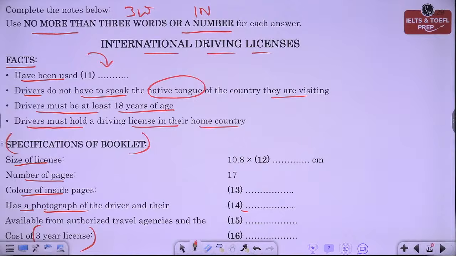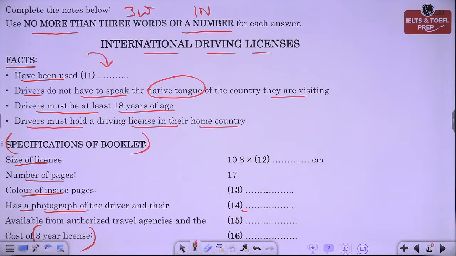They've been around since 1949, when the United Nations gave approval for their use. This meant that travellers could drive freely in the 186 countries that recognise the international driving licence system, regardless of the language that the drivers spoke. The only conditions were that the driver had to already hold a driving licence in their home country, and they had to be at least 18 years of age.